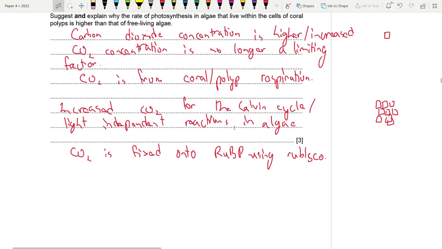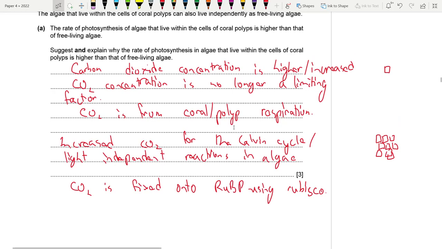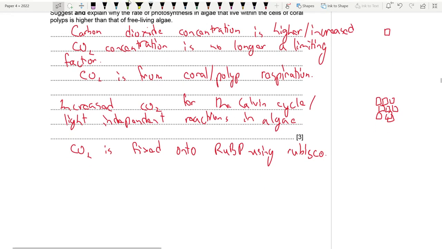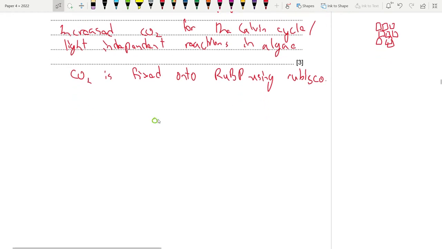You could answer it this way by talking about carbon dioxide concentration. What is the other route? You could also opt for this. This is your secondary route. You could go for the temperature, right? Temperature is higher, or increased.